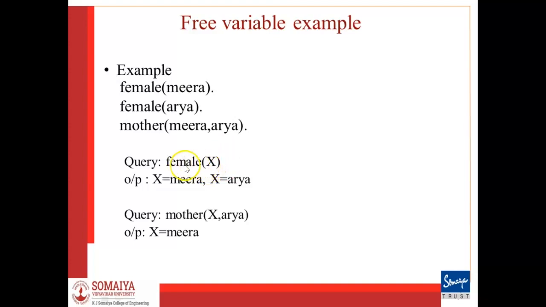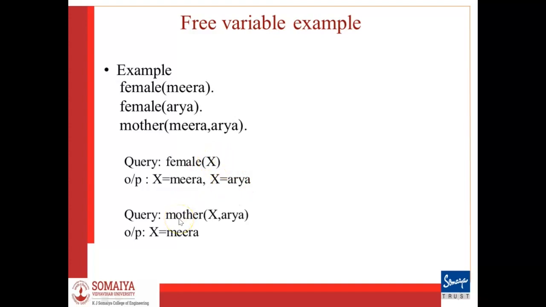Then Prolog would try to find all the predicates which have female as the predicate name and only one argument, and then it would give the values written in those predicates as the result for X. So X first would be Meera, then Arya, and the output would be given as two values which can be assigned to X, the free variable.